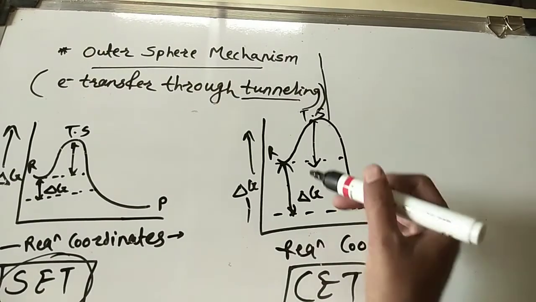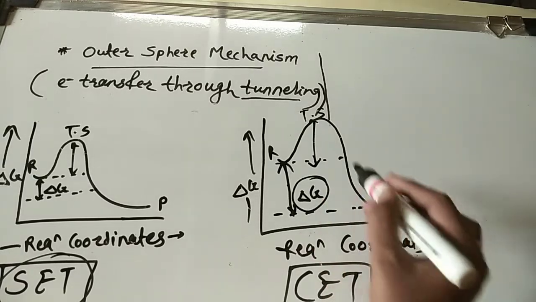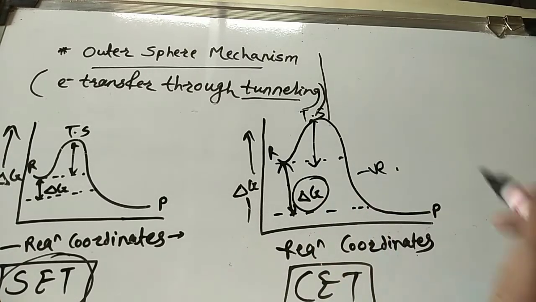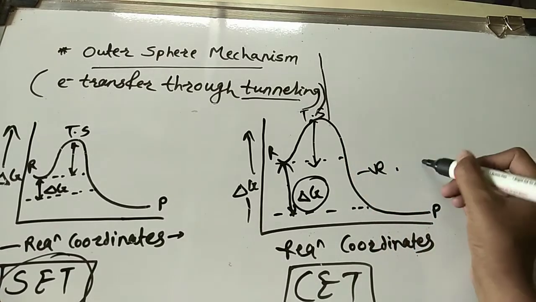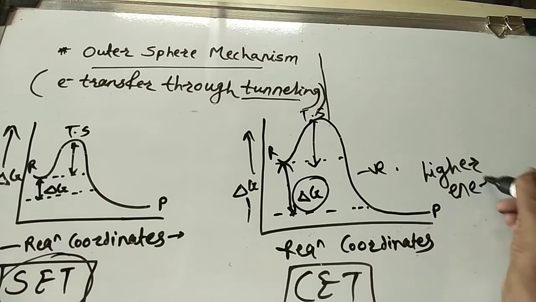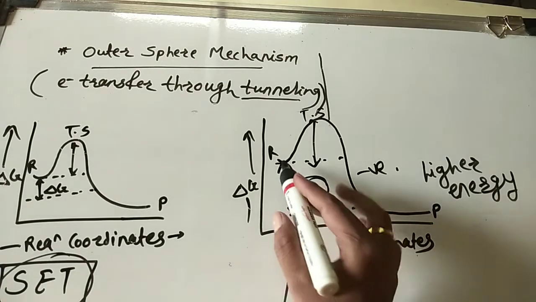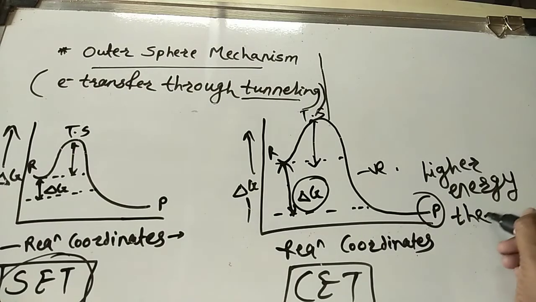As we know, as the delta G value increases towards negative, that particular compound requires higher energy, then this particular product is thermodynamically more stable.